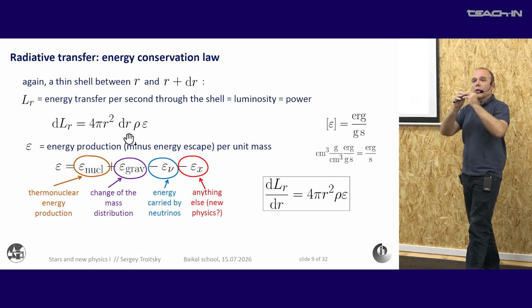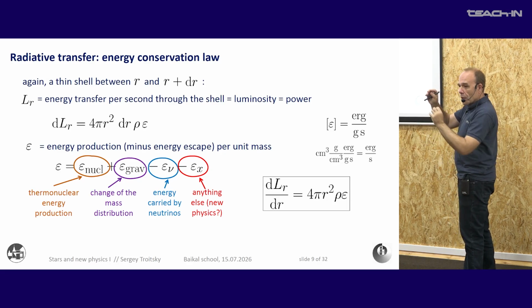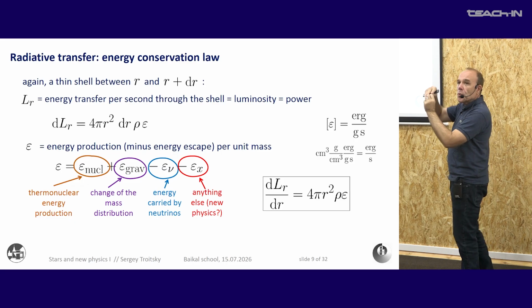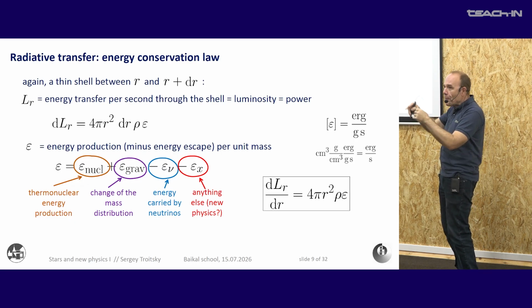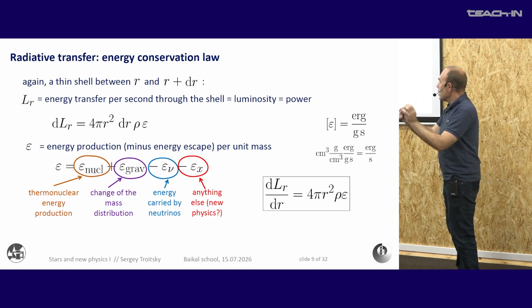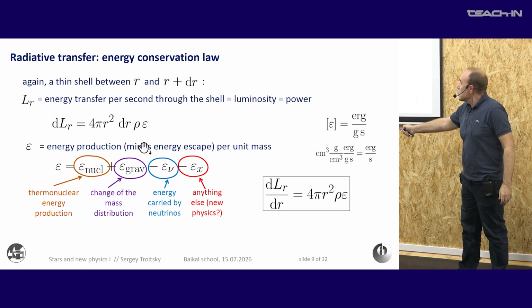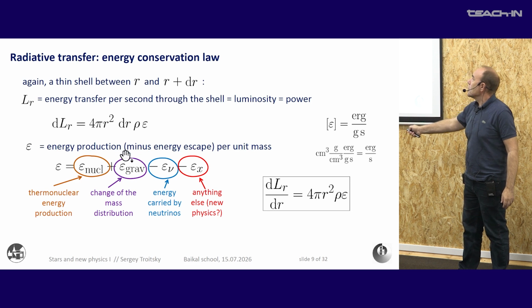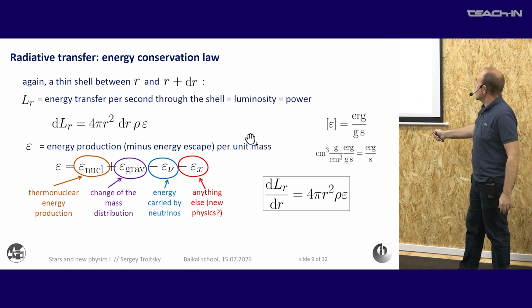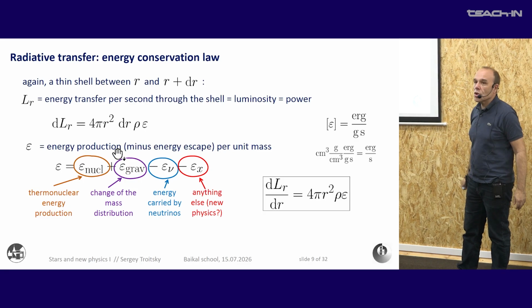If we have some energy flux through this shell, then incoming energy should be equal to outgoing energy up to energy production or loss inside the shell, which we loosely denote by some epsilon, which is the energy production minus energy escape per unit mass, just for convenience, because we wrote the mass density here. This is traditional.